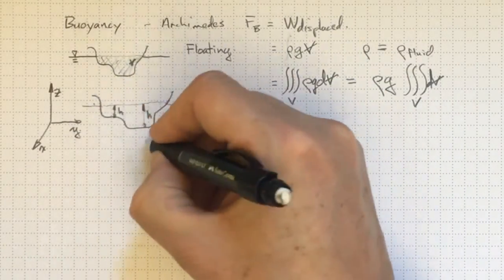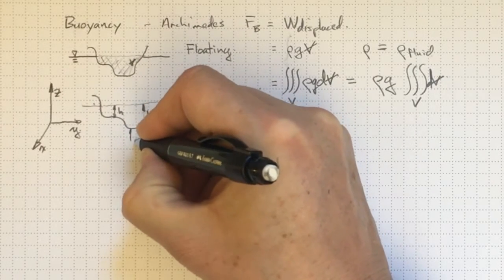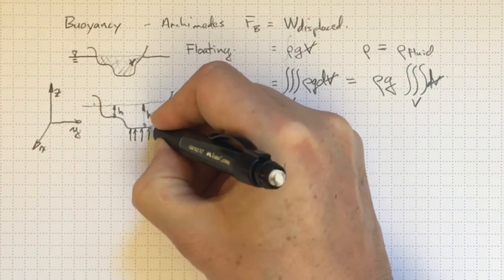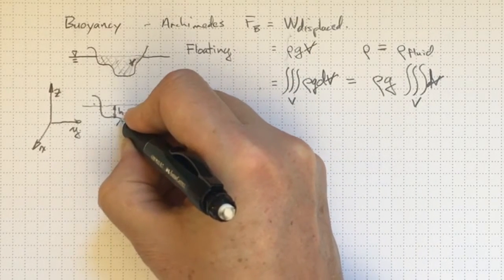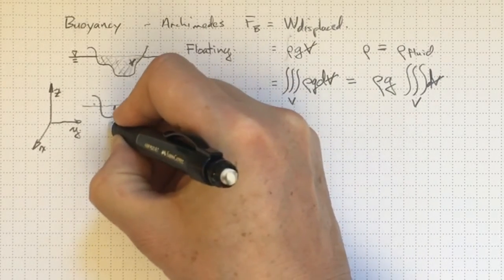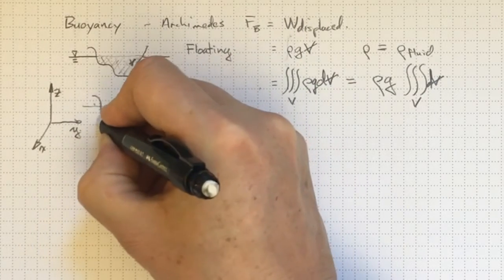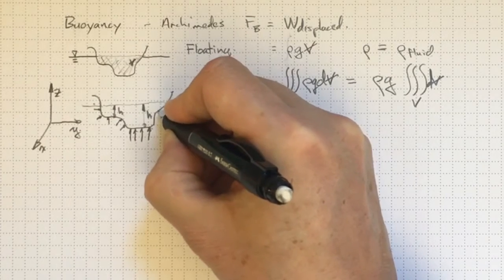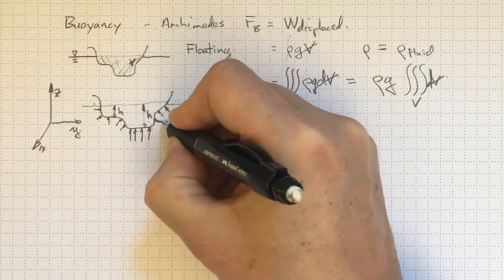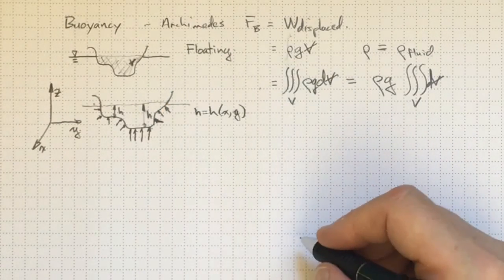Now, horizontal forces, well, let's see where the pressure's acting. There's pressure forces acting upwards on that flat bottom. There's a pressure force over here. It's a little smaller magnitude of pressure because we're not as far under the water. And we've got pressure forces acting all the way around this body. And the deeper under the water we are, the higher the pressure is.